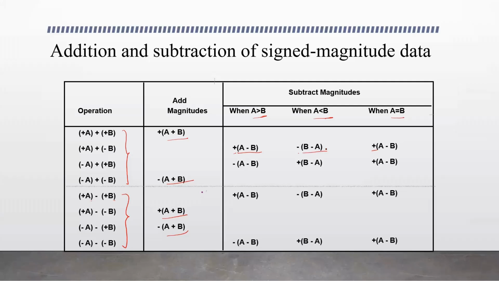If we have to implement these operations in a computer, we need an adder. In a computer, all these operations can be implemented using logic circuits. So we need one adder to perform the addition, and we need a comparator circuit that compares the magnitudes A and B and performs the operations, addition or subtraction, accordingly.